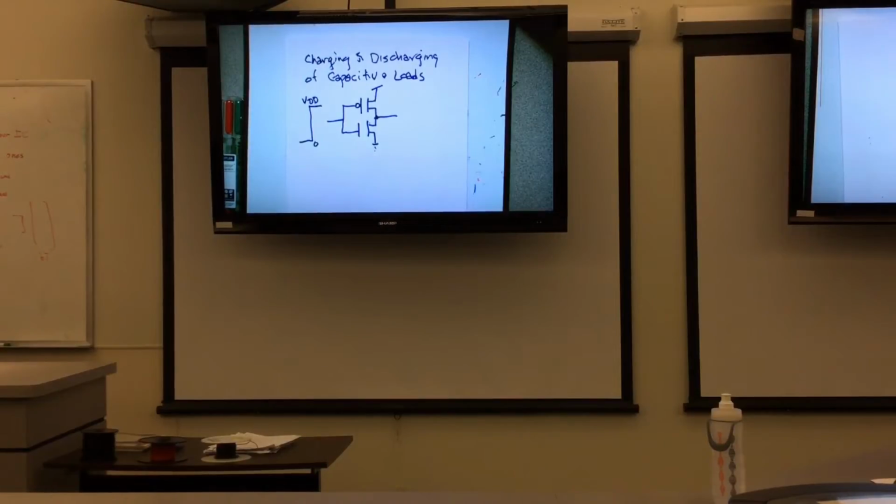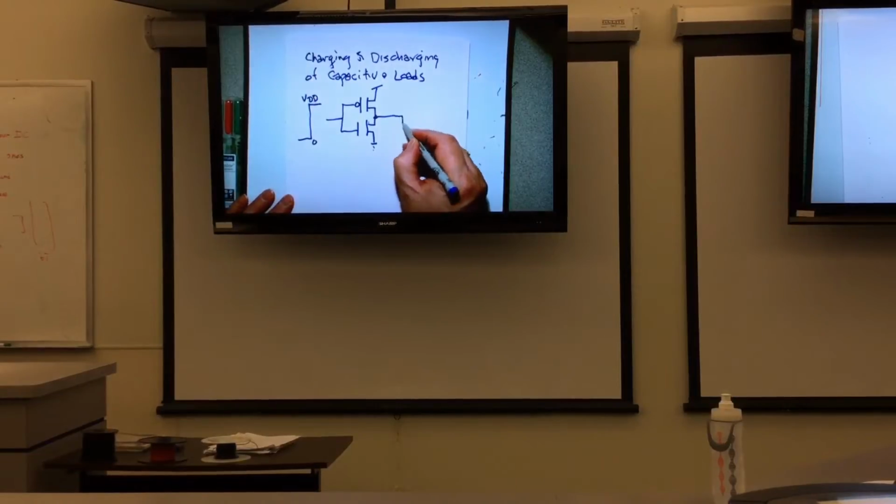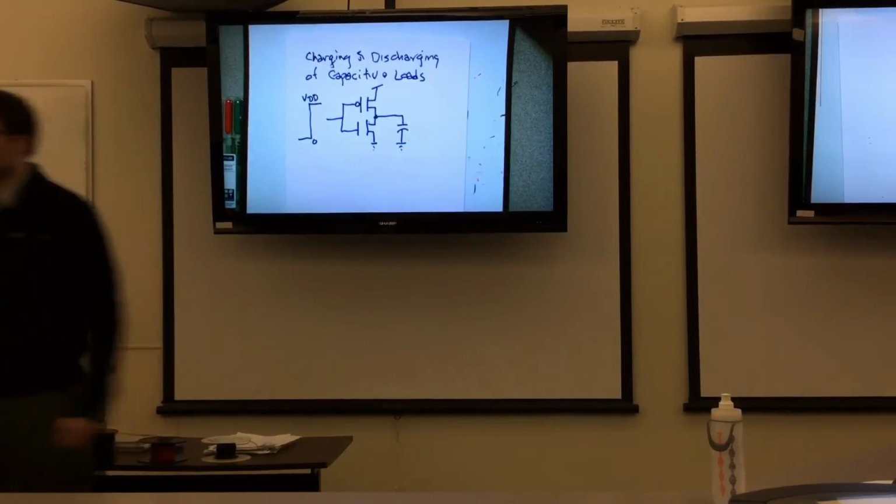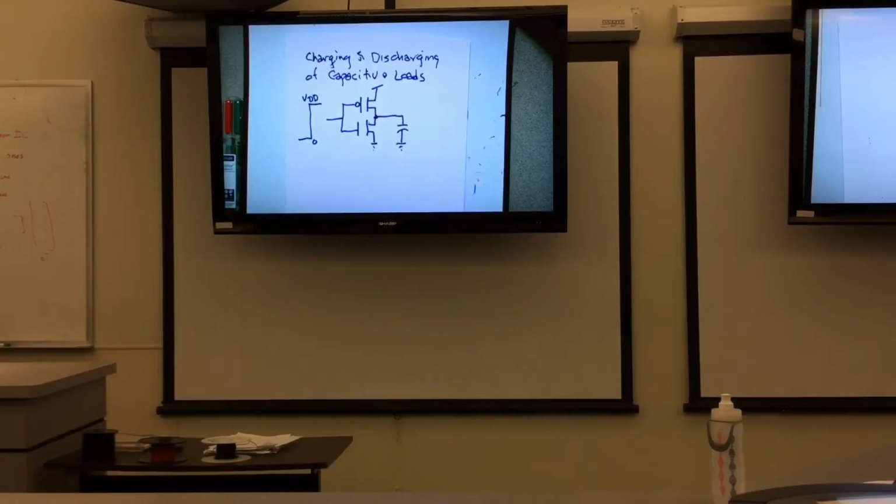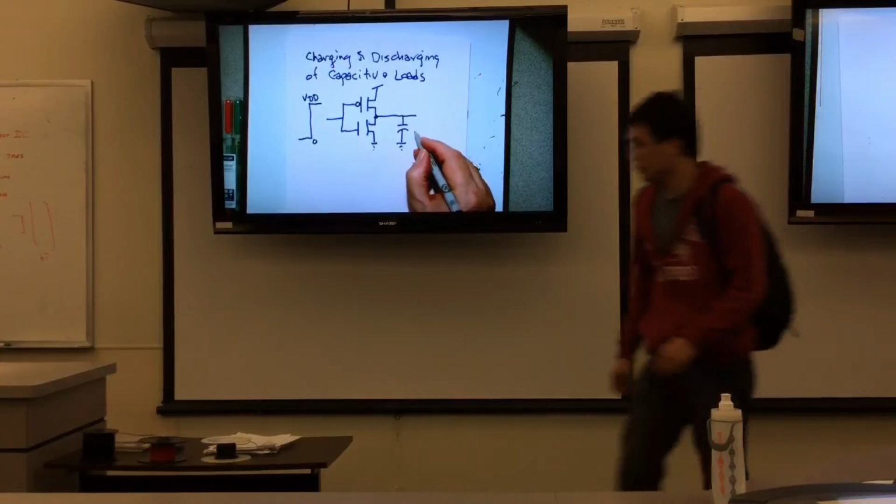We're going to ignore the amount of time it takes to go through the VTC from one side to the other, which is a pretty good approximation for heavily loaded gates, in which case the majority of the delay is going to be determined by the current-carrying capability of the field effect transistor and the capacitance value we choose.